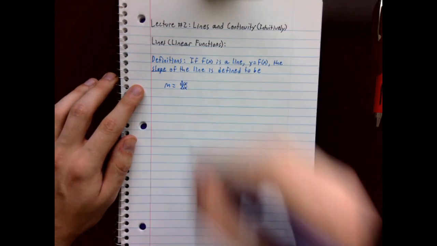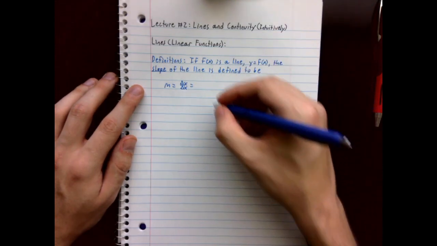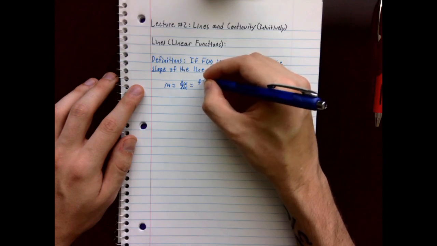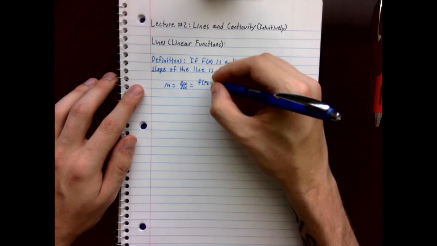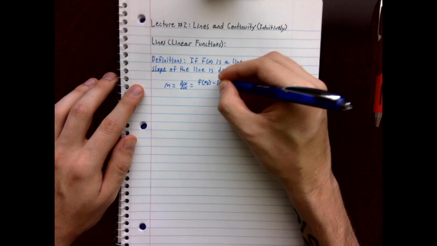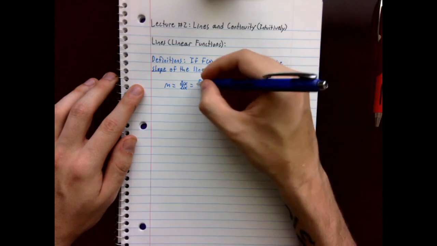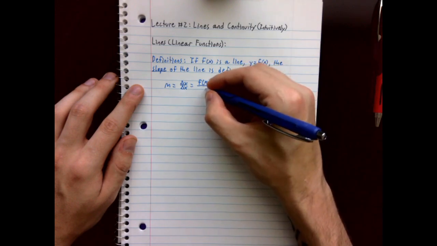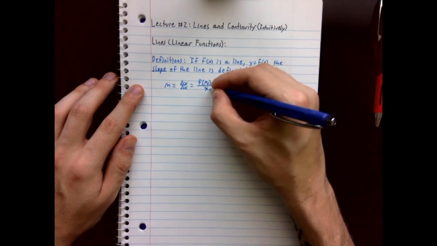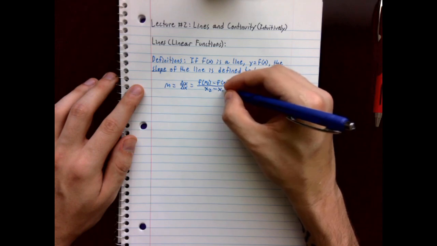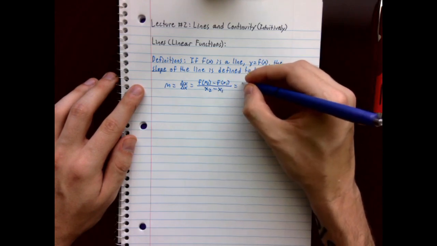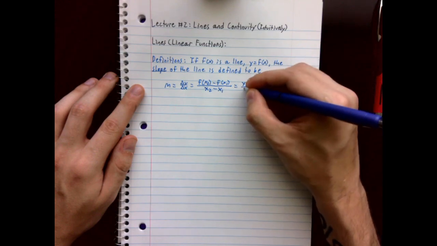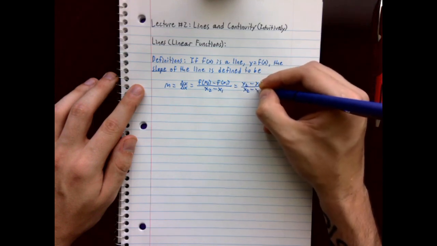Okay? And what does this actually mean? Well, it means that if I take any 2 points, then the difference in their y-coordinates, all we do is divide this by their difference in the x-coordinates. And then I might notate this by y2 minus y1 over x2 minus x1.